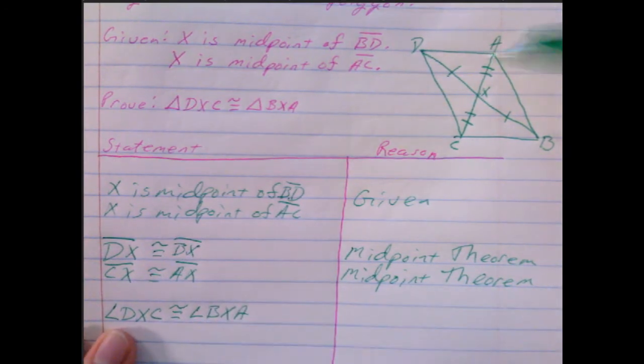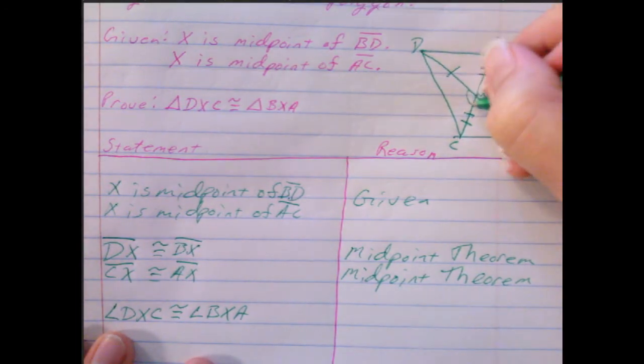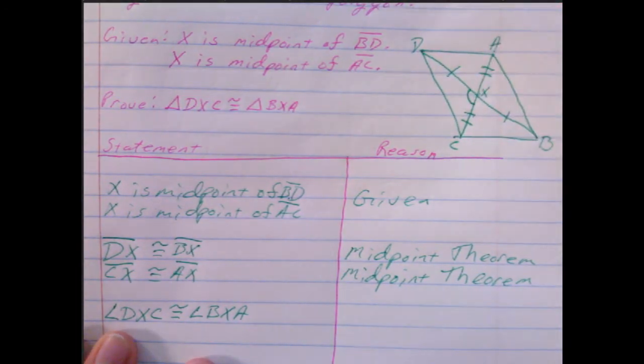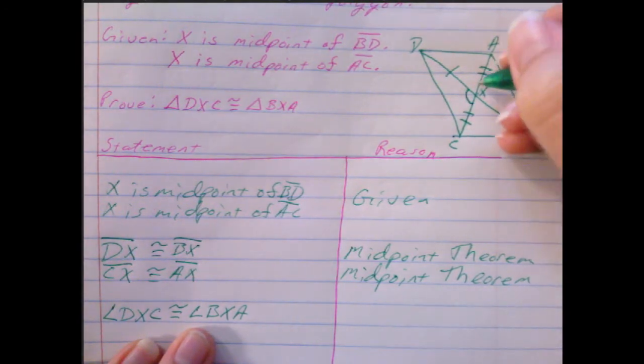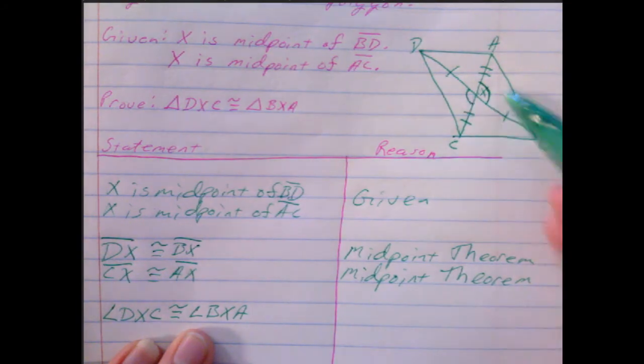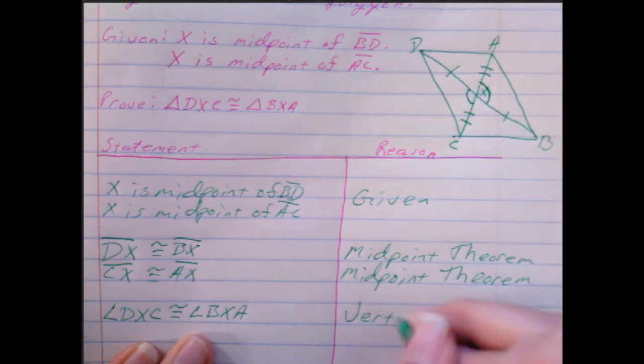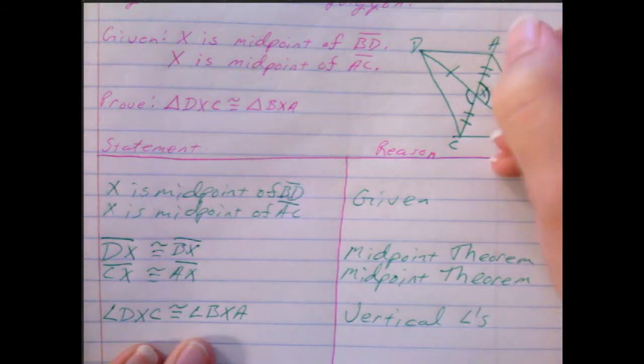So let's look at those. DXC, it's this one right here, is congruent to BXA, that's this one over here. And the reason for that, those are congruent because they are vertical angles. Okay? So I marked those.